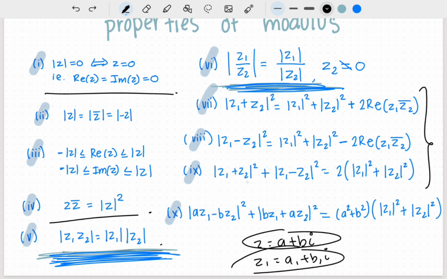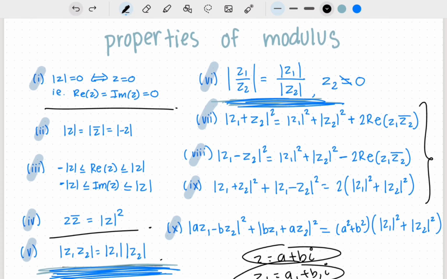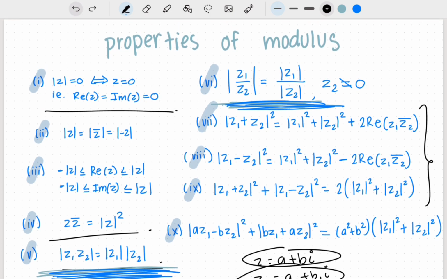This is the modulus of z1 plus z2 squared plus the modulus of z1 minus z2 squared, and that's equal to that. So if you want to prove any of these properties, I highly encourage you to. It's just a matter of maybe 2 or 3 minutes. It's not going to be the end of the world if you make sure these properties are true. I'm hoping these are true.